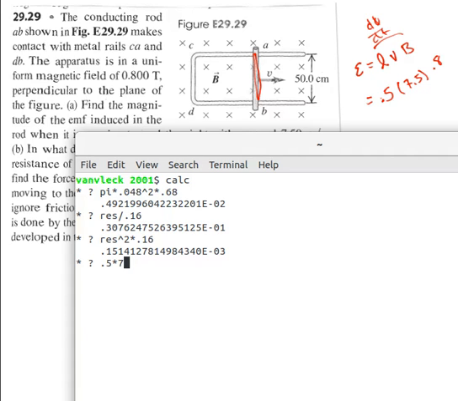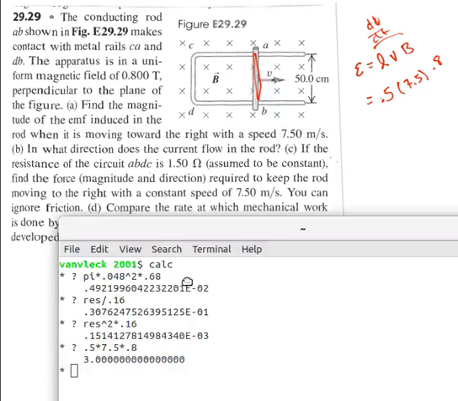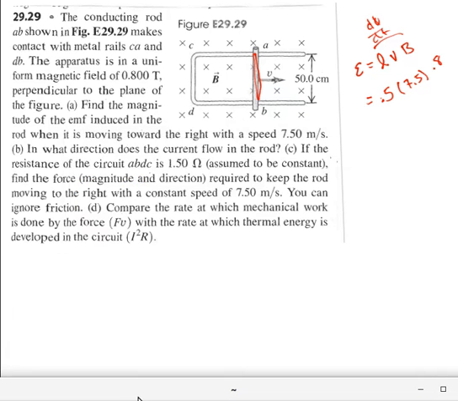So 0.5 times 7.5 times 0.8. 3 volts even. Okay, so here we've got the magnitude of the EMF.